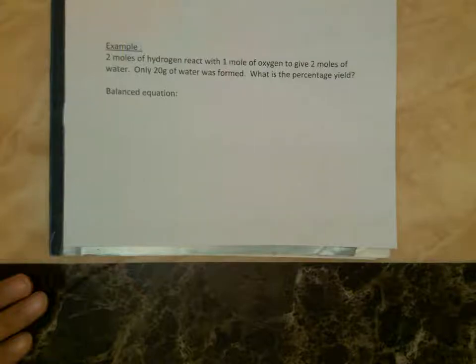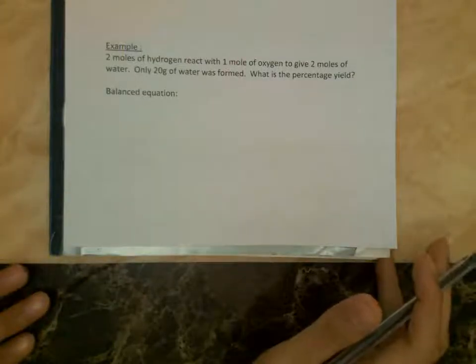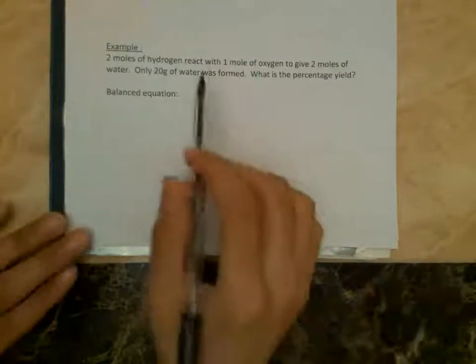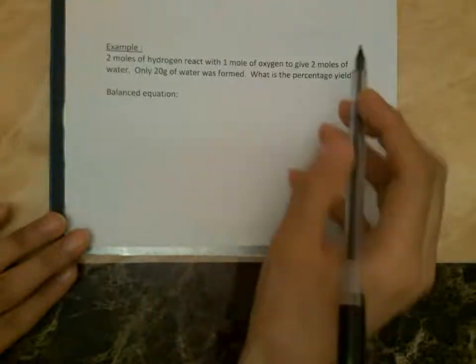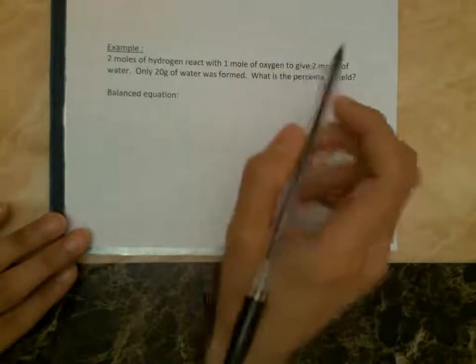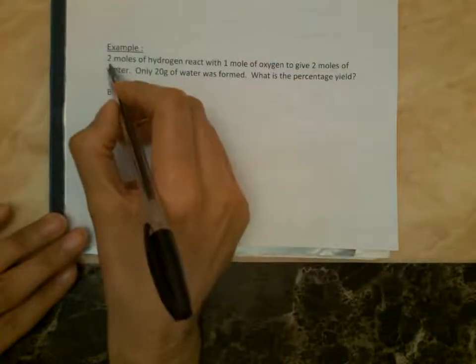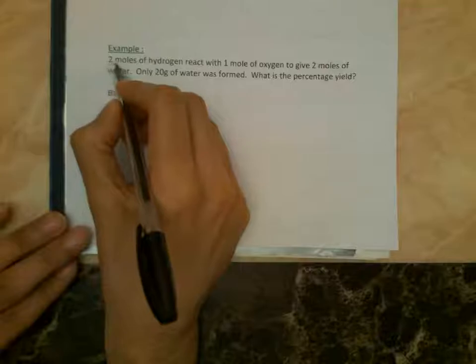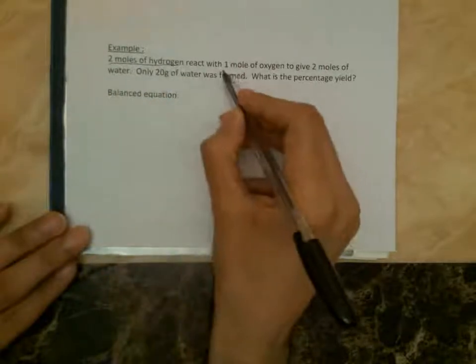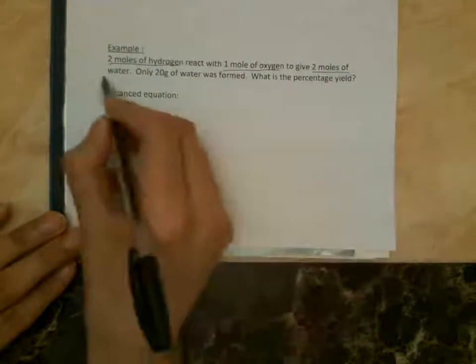So moving on to this example here. This question in general is almost telling you your balanced equation. So it's saying that we've got 2 moles of hydrogen which react with 1 mole of oxygen to give 2 moles of water.